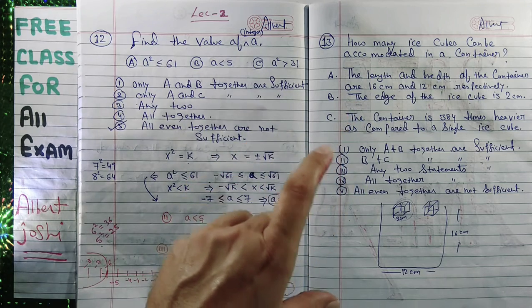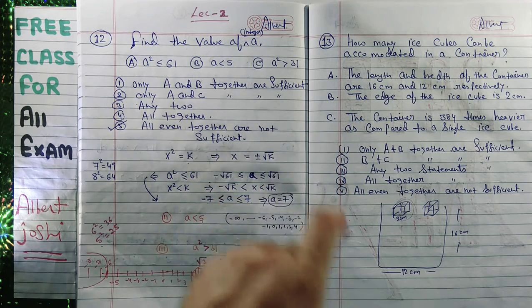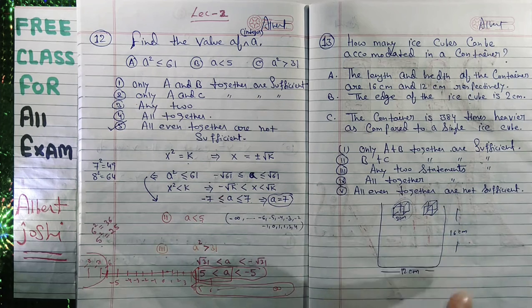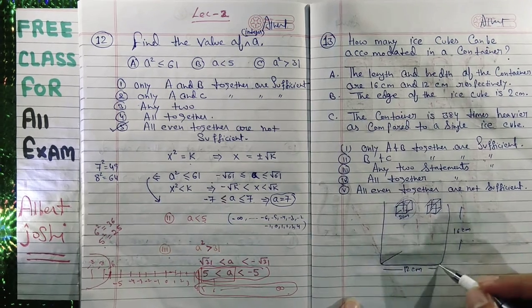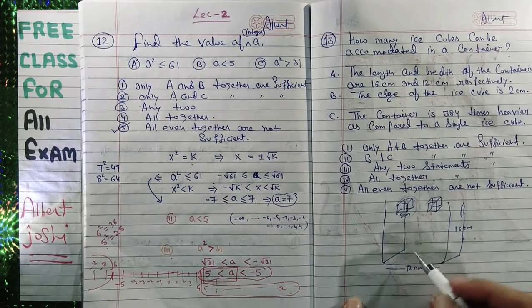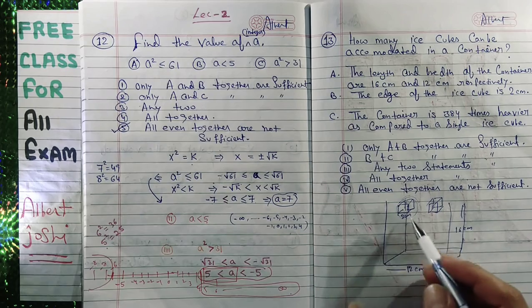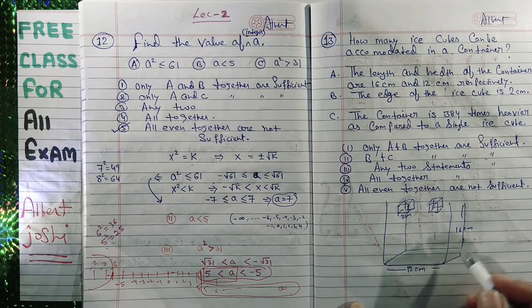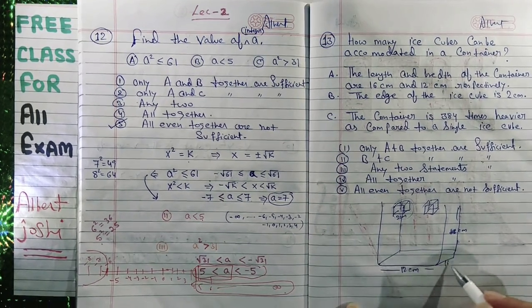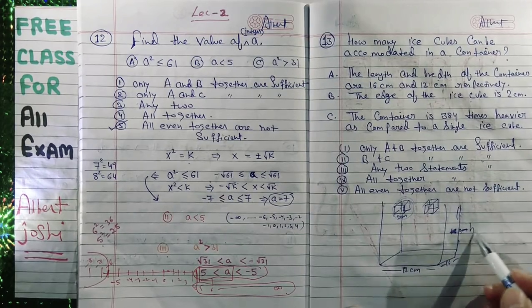Still, there is no information regarding the height of the container. He has given us 16 centimeter and 12 centimeter. So your container is just like this, that is 3D. He has given us 12 and 16, but he has not given us the height.